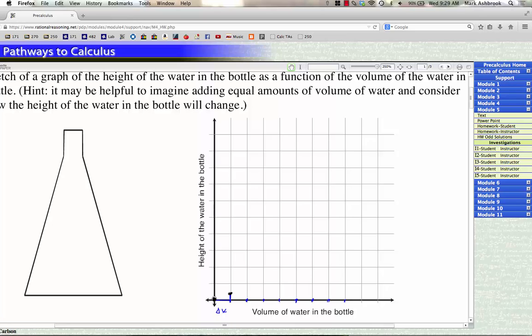When the volume is 0, the height is clearly 0. And so now we've got a first change in x and a corresponding change in y right there. You said that was a little increase in height. I agree. And that gives us a new point, a new corresponding amount of volume and height.